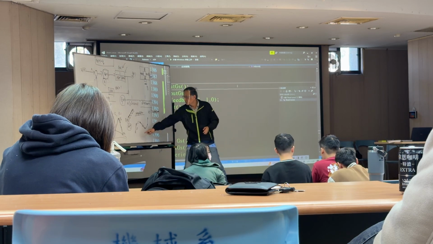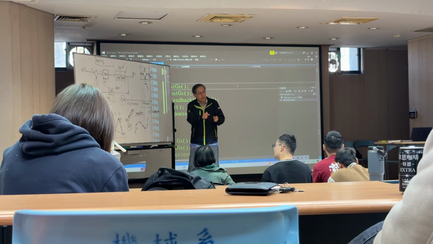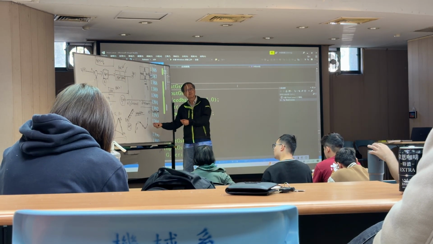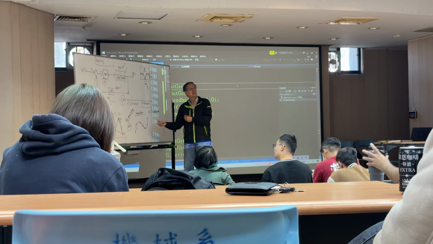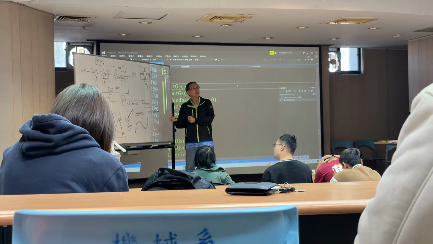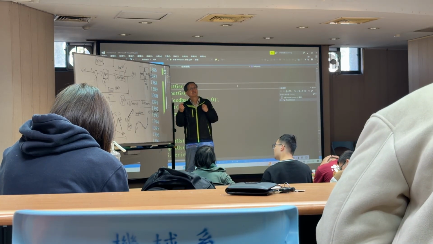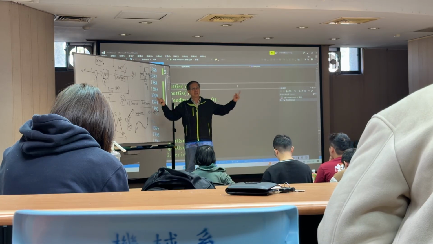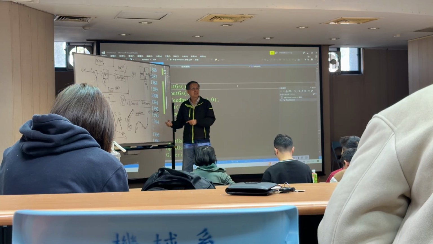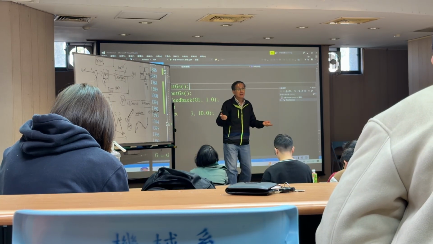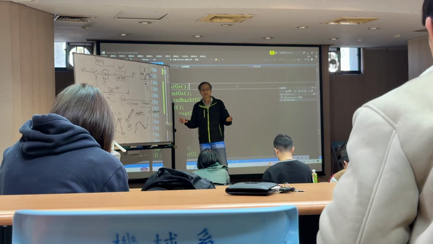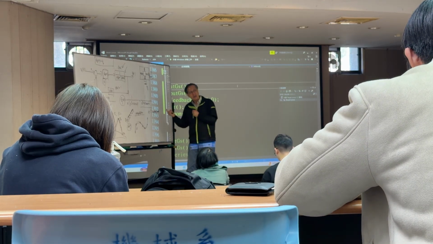From analog to discrete, you have a sampling time, a small interval. This is an important concept, not just for this, but for many things. For discrete time systems, we also have this delta t, right? Remember? Sampling time.